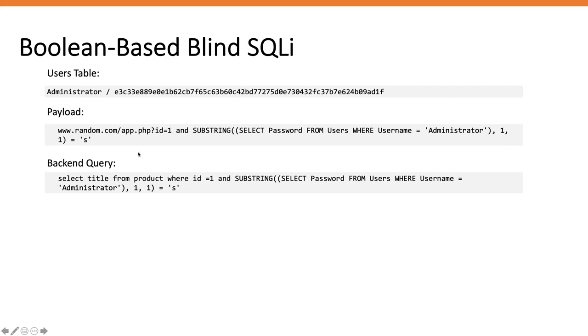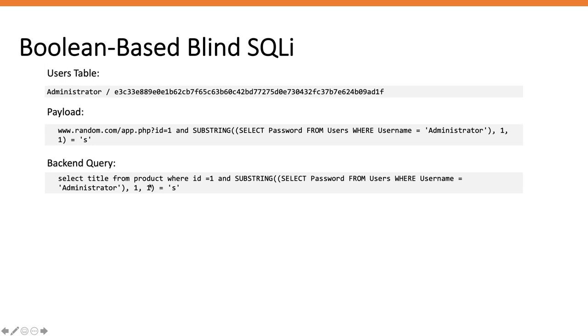And the third parameter that it takes is the number of characters to extract. So in this case, I'm saying that the string to extract from is the output of this query: select the password from the users table where username is equal to administrator. This query will output this hashed string over here. And then I'm asking it to extract the first character in the string and only one character. And so it will extract the first character over here of the hashed password.